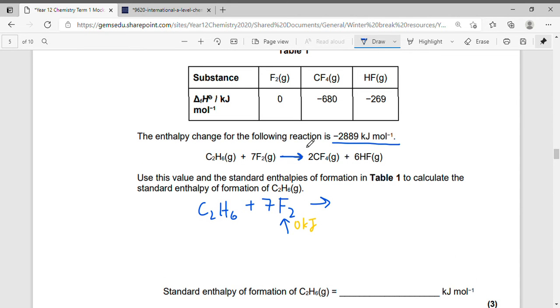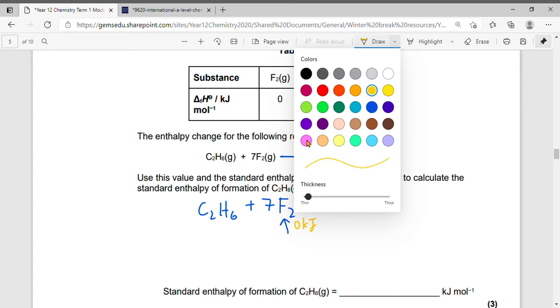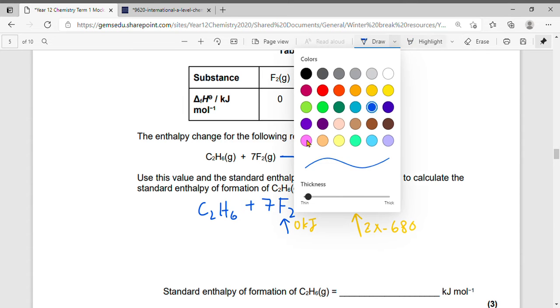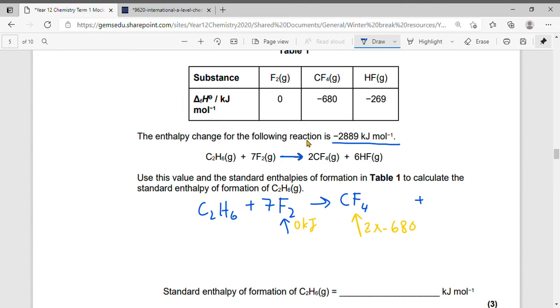We know that CF4, to form it, we need 2 times negative 680, and 6HF, to form it, we need 6 times negative 269.